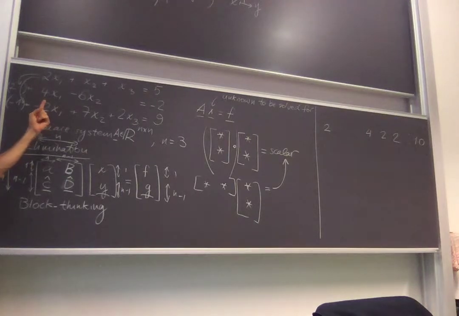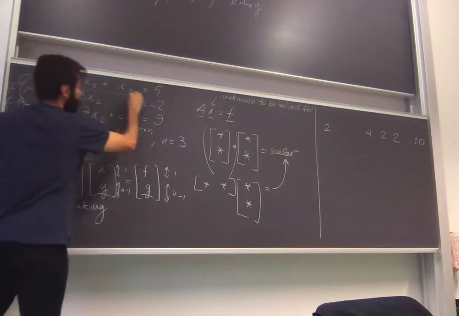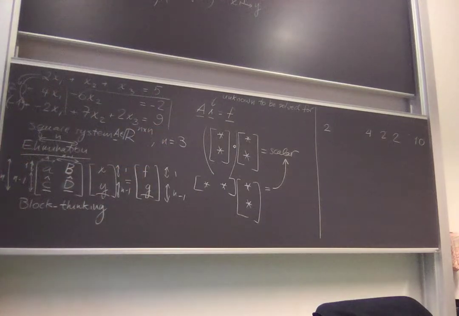I know that I can repeat this procedure on a smaller entity that remains here. Because what I'm going to get here is all zeros. It's as if there was nothing to do here.